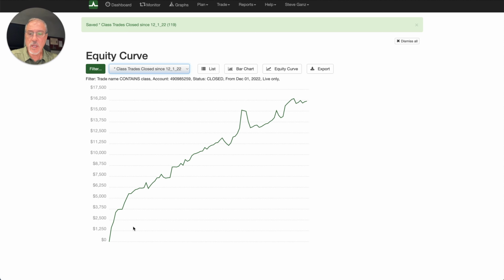Okay, so this is a chart right here of every single trade that has been shared, my live trades that I'm making in the alert service. Now, this doesn't look like a huge number, I get that, but keep in mind that what I do in this particular service is I try to keep every trade at about a $2,500 max risk when I open it.